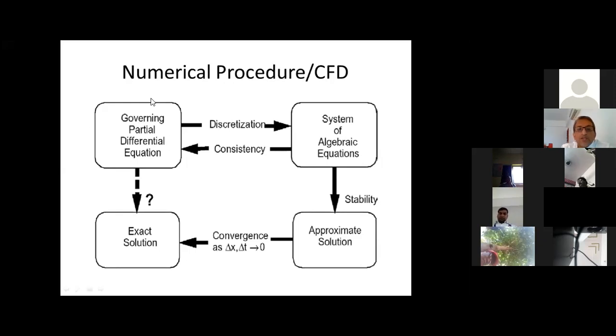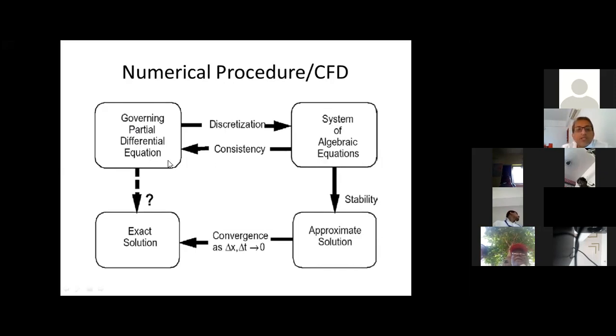So actually, the whole CFD has a cycle here. We have a governing partial differential equation, that is the mathematical model we have. We discretize this, so this becomes a system of algebraic equations. And when we solve these algebraic equations, remember, we get an approximate solution, not the exact solution.